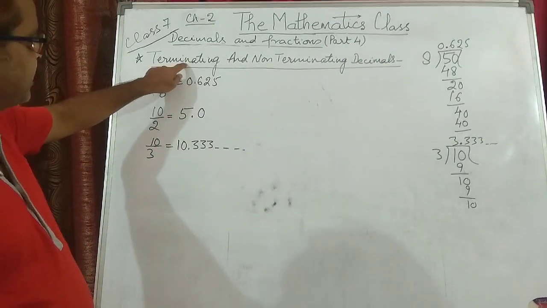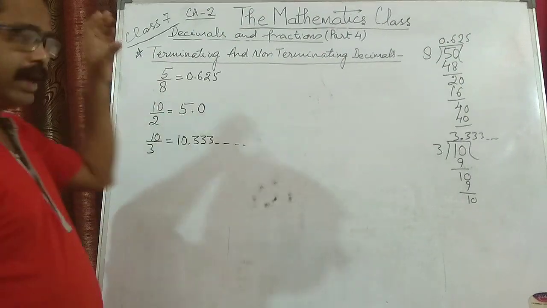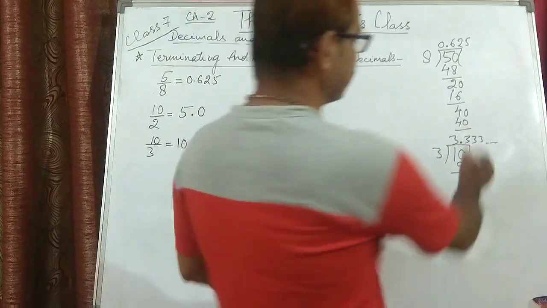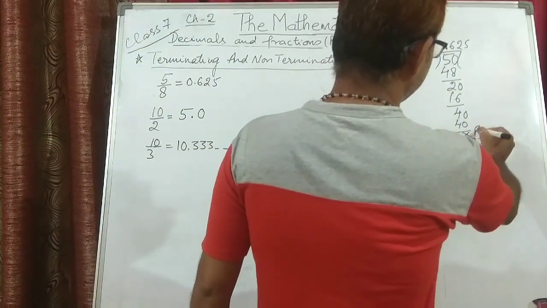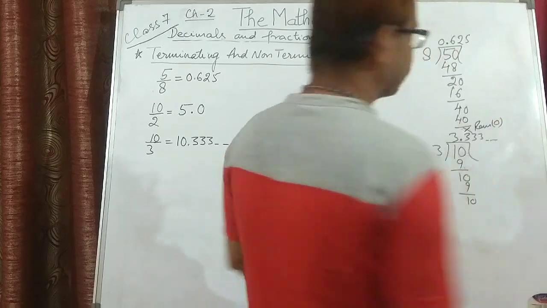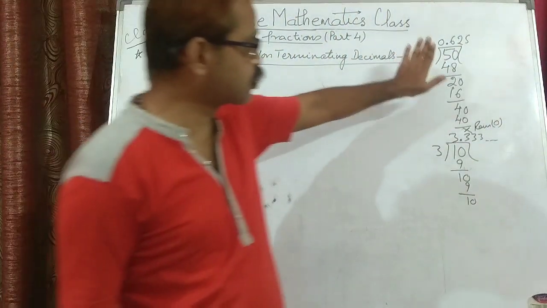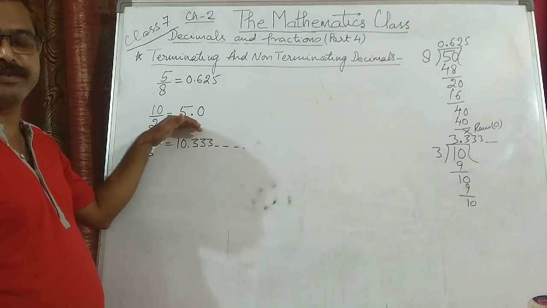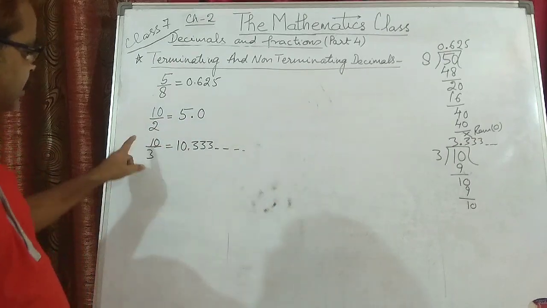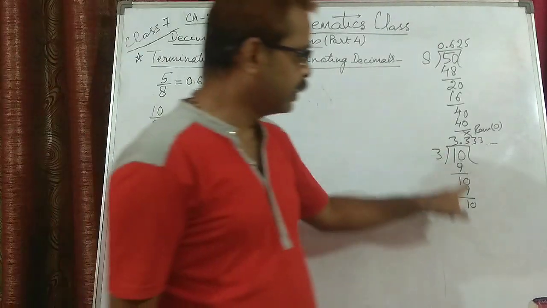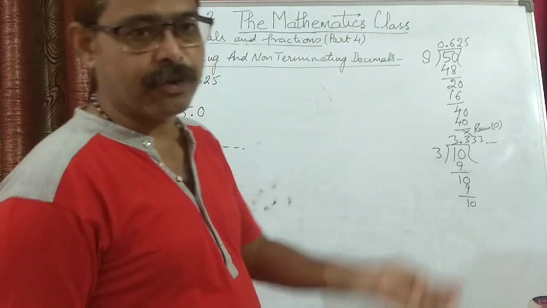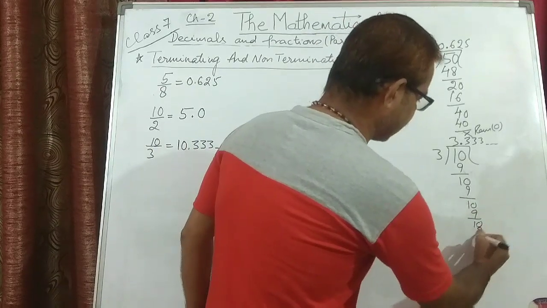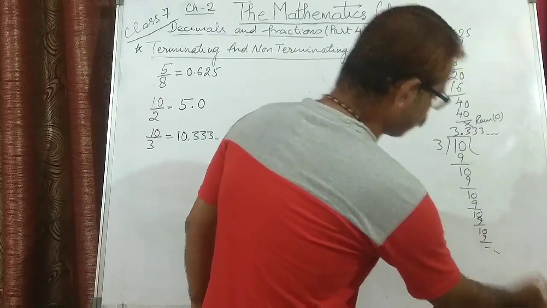When dividing 10 by 3, the division process is never ending, and always you are getting 1 as remainder.